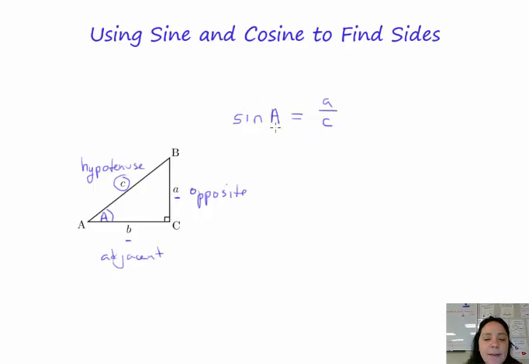Well, that means that if I have angle A I can use a sine function. I can treat this as a number because it is a number. If A is a number and I put sine A into my calculator, I get out a number.